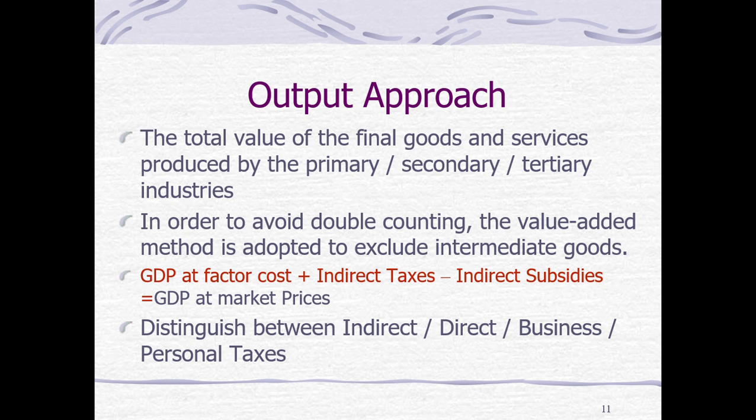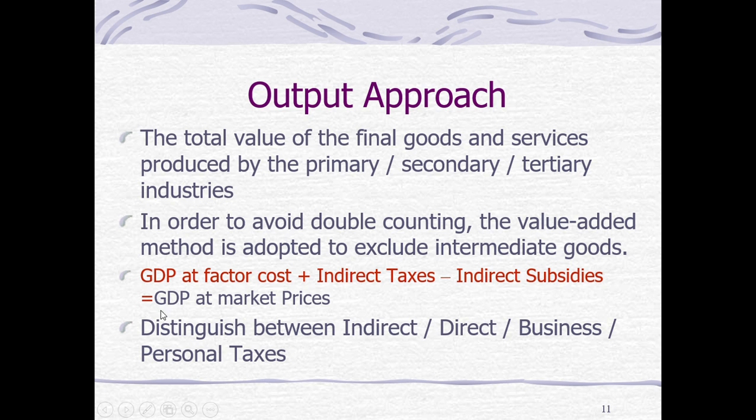You realize that 100 Ghana cedis value was added to the gold to produce the jewelry. So you take the gold, which is 100 Ghana cedis, and the value added, which is also 100 Ghana cedis. So 100 plus 100 is 200. This is used to avoid double counting.